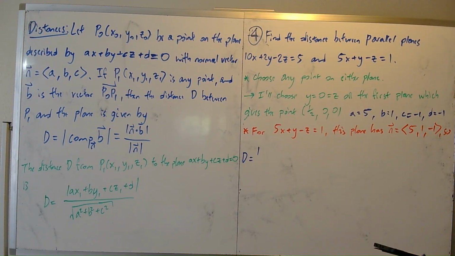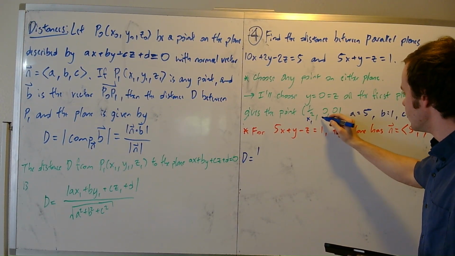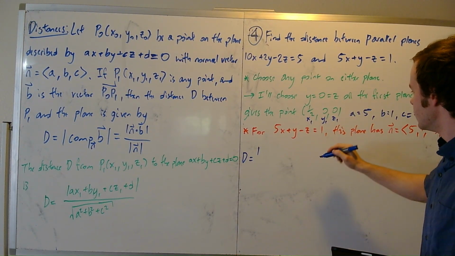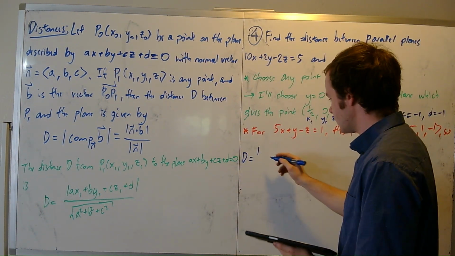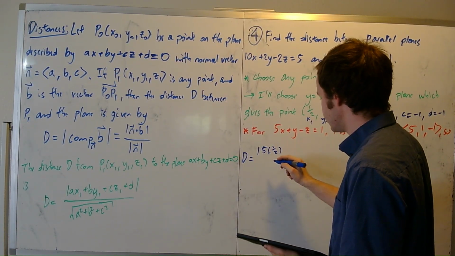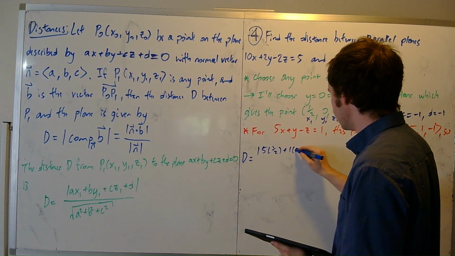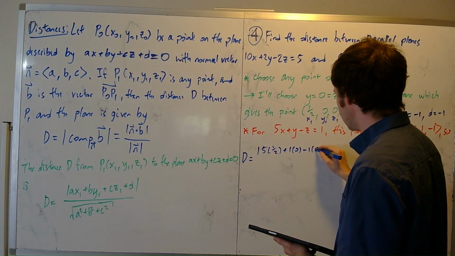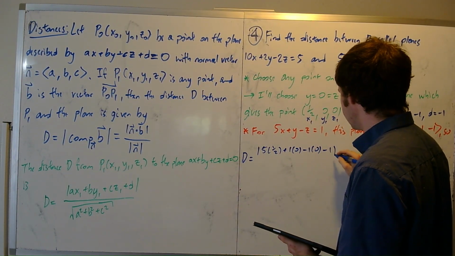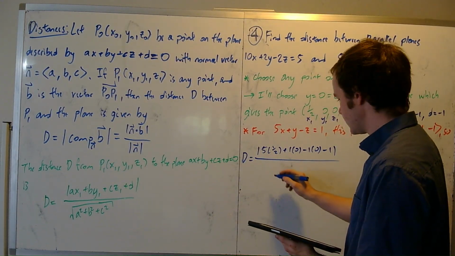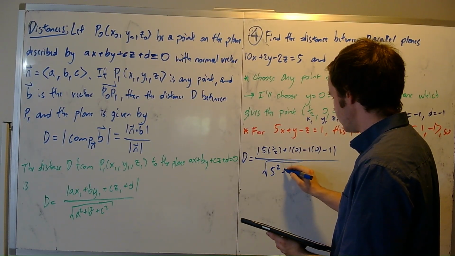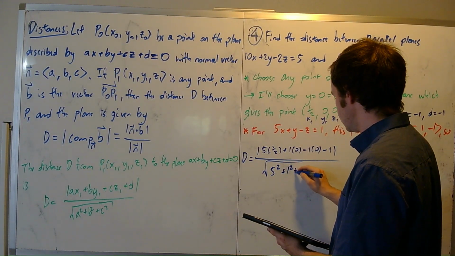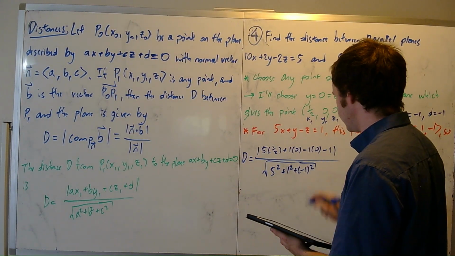Okay, so we figured out all those values, and we know our point. This is going to be our x1, y1, and z1. So now we have everything we need to just plug it into the formula and get an answer. So we're going to get the absolute value of 5 times a half plus 1 times 0 minus 1 times 0 minus 1, over square root of 5 squared plus 1 squared plus negative 1 squared.